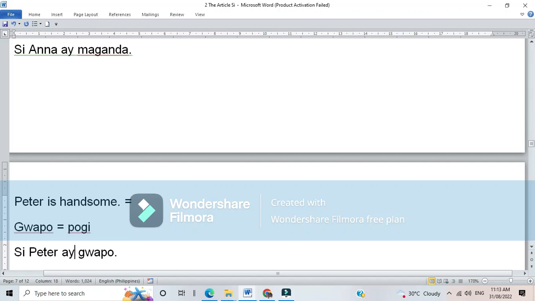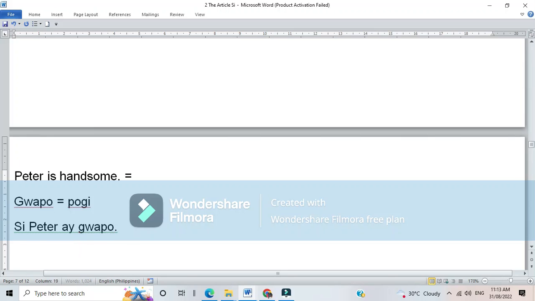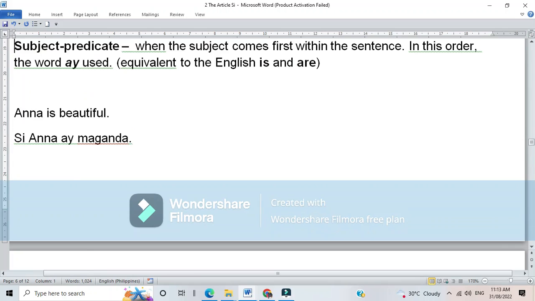This is our subject, si Peter, and right after the subject is the word ay, equivalent to is or are, and guapo means handsome. So that is our first sentence formation, the subject predicate sentence.